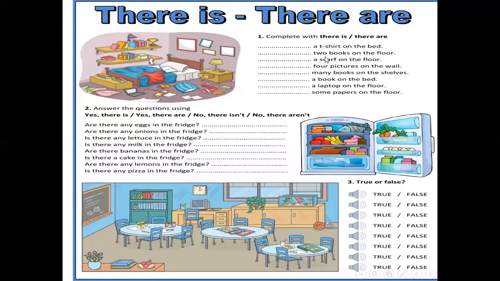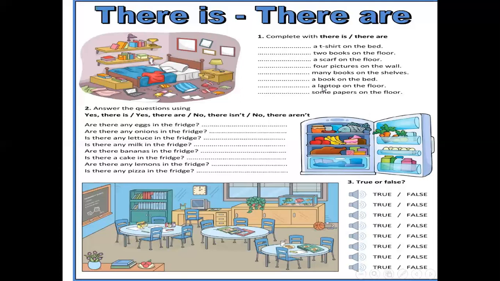Okay, so here we come to the second example. Two books on the floor. I see two books here. So do I use there are or there is? Think with me, Heba. Think with me, Mona. Books here is plural. So I use there are, not there is, because I use there are with plural nouns.